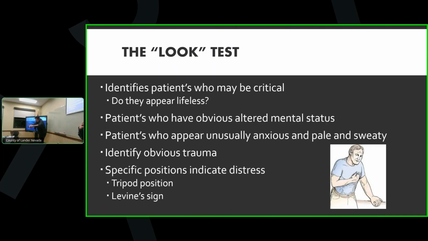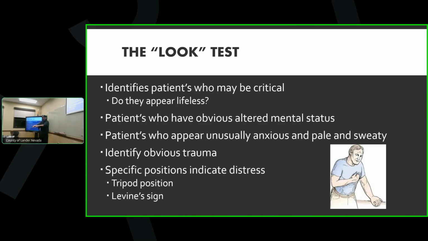I remember it because everybody sees Adam Levine, so that's how I remember the Levine sign. Or a tripod position. So if you get a scenario with a mannequin sitting in front of you and your proctor says your patient shows Levine's sign, that's what they're talking about. It's indicative of chest pain.